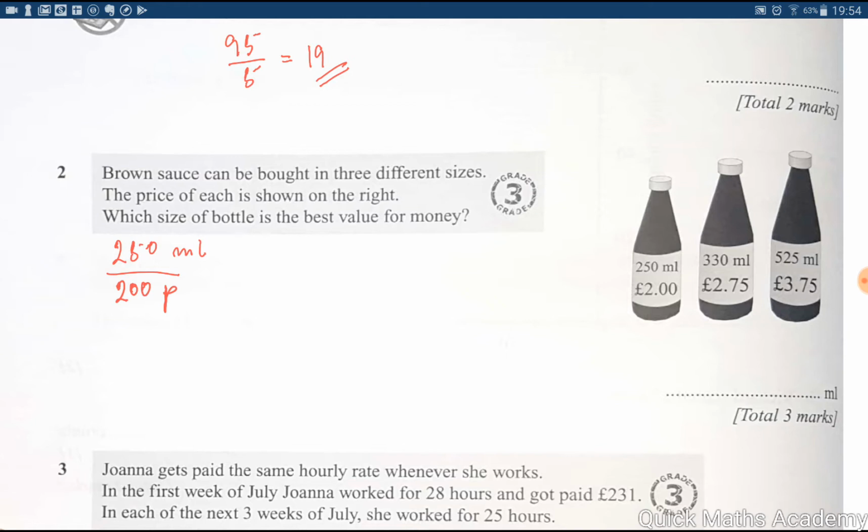So 250 divided by 200p will be 1.25. So for every penny I'm able to buy 1.25 milliliters of the brown sauce.